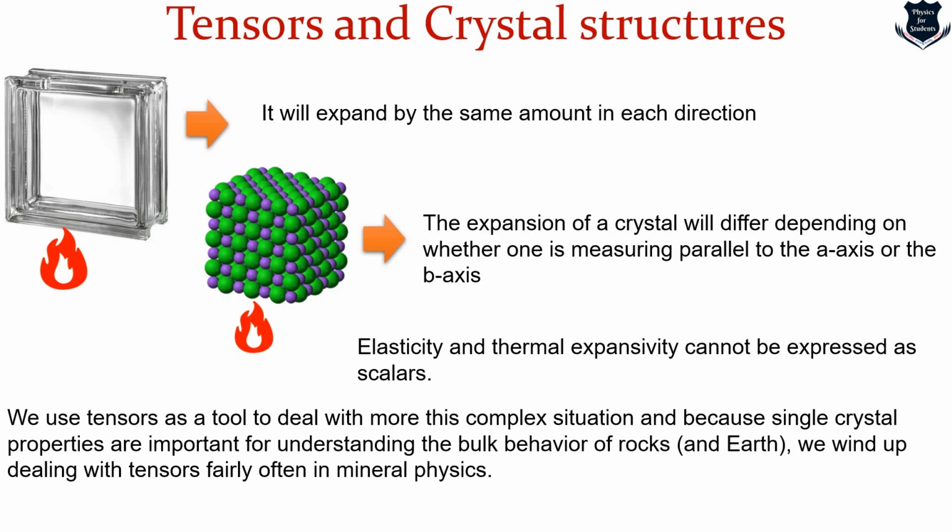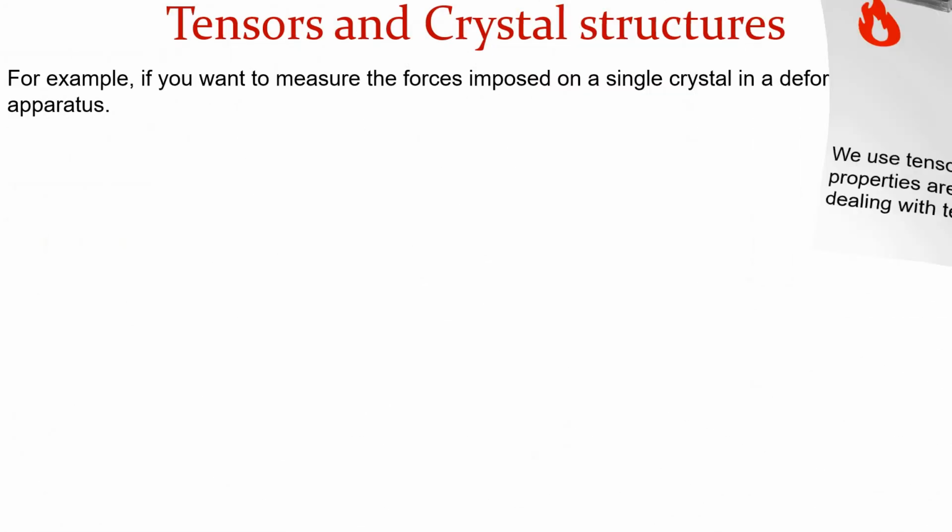We wind up dealing with tensors fairly often in what is called mineral physics. And obviously crystal structure is one of the prime factors of understanding mineral physics. So what we understand from here is that because of the complex structures, because of the different planes, faces, etc., normal vectors or normal mathematics cannot study the crystal structures, and here we use something which is called a tensor.